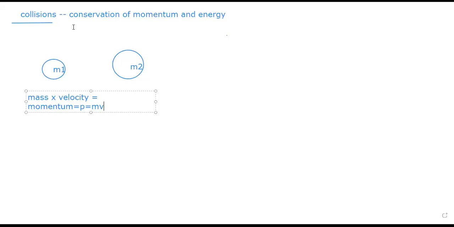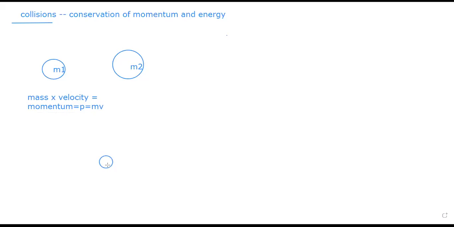To explain the phenomenon of collision in a simple way, now I take a carom board. We have a coin here on the carom board. This is the coin.